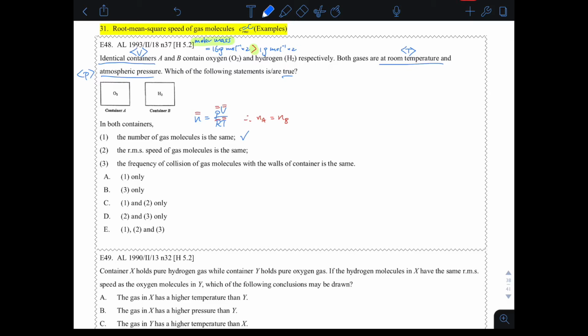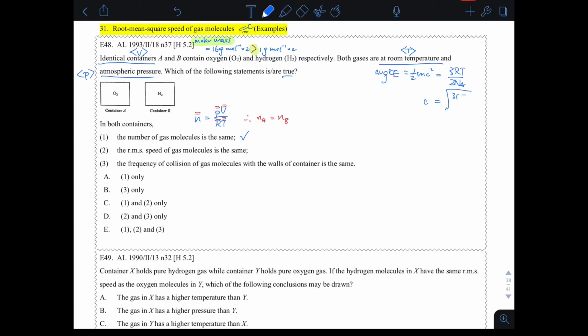Next, the root mean square speed is the same. Then you really have to think of the equation. Let's try to derive it again quickly. The average KE is in fact equal to half mc squared, which is 3RT over 2N_A. We recite it, and we can also copy it from the formula sheet. Now, we try to find out what C is.